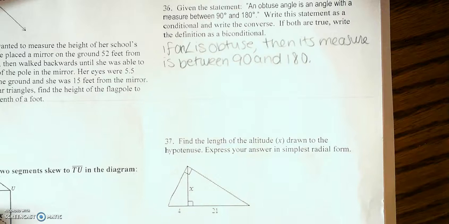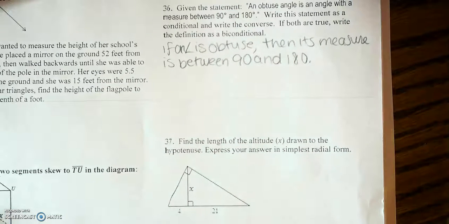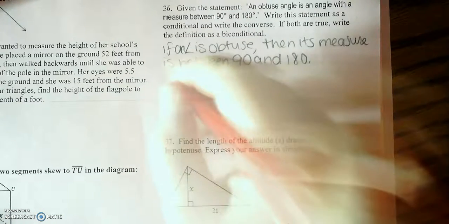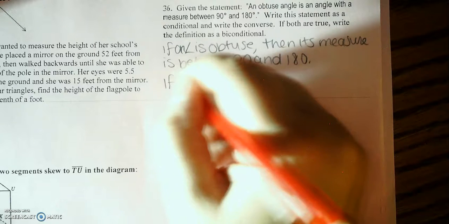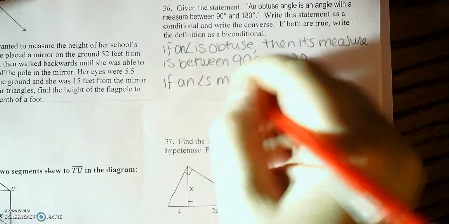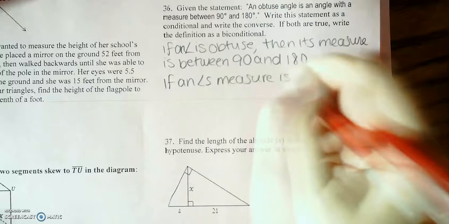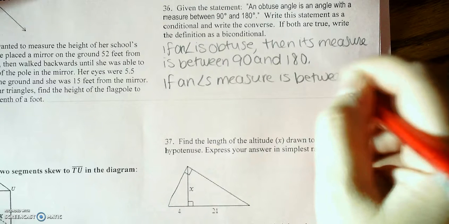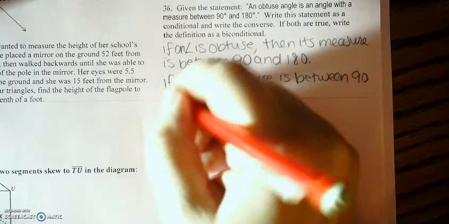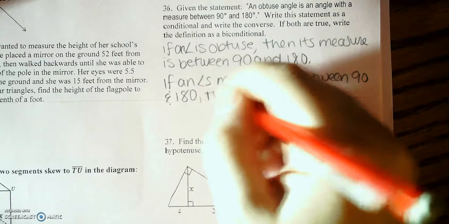Now, that's true. So if we write the converse, we're going to flip the hypothesis and conclusion. It's going to say if an angle's measure is between 90 and 180, then the angle is obtuse.